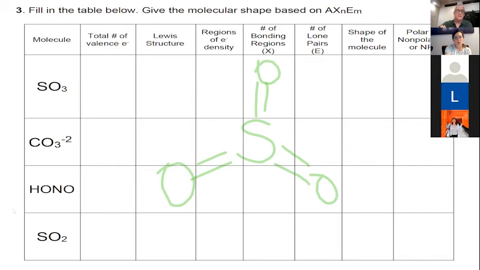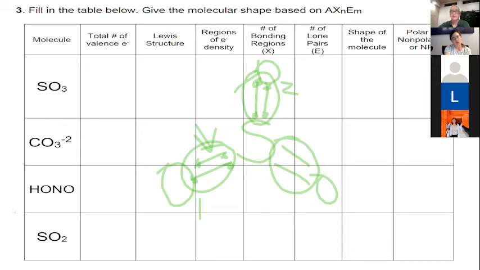So here I've got 1, 2, 3, 4 electrons between sulfur and oxygen 1. So that's a region in space where I'm going to find 4 electrons. Same here. 1, 2, 3, 4 electrons in the region of space between the sulfur and oxygen 2. That's 2 regions, and then 3 regions. So regions just mean where you're going to find electrons in space. And they're either going to be bonding electrons or they're going to be lone pairs.